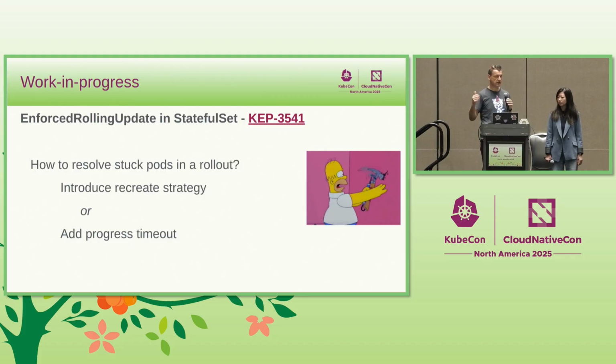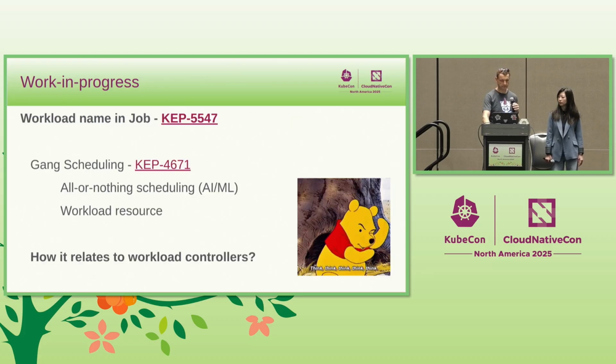So one option is either recreate or the ability to specify some kind of a progress deadline. Again, similar to what we have in a deployment, that after some time you can consider that it failed and maybe try to roll back. So we are looking at the options. We will be having further discussions in the upcoming weeks, and we're hoping to push this through for 1.36.